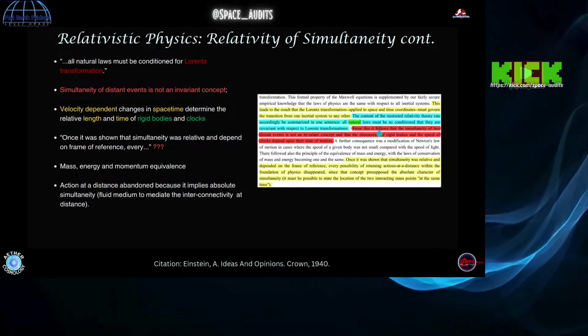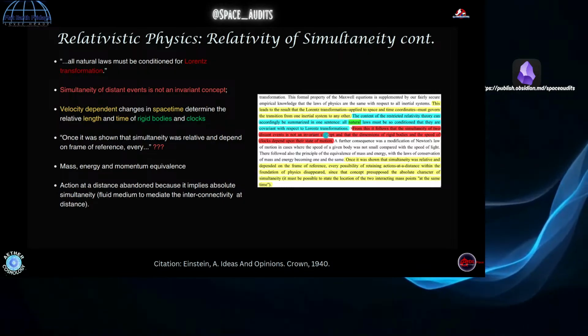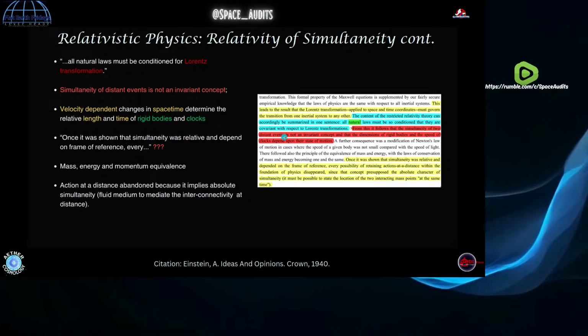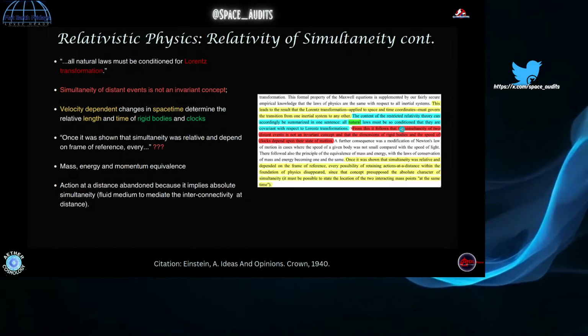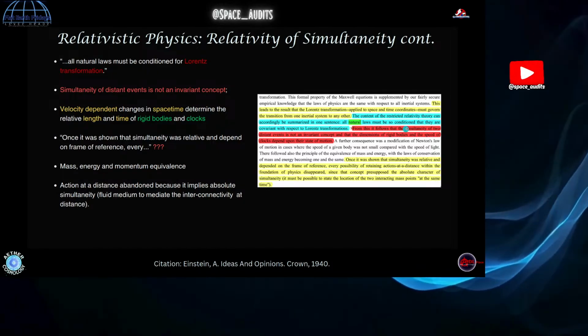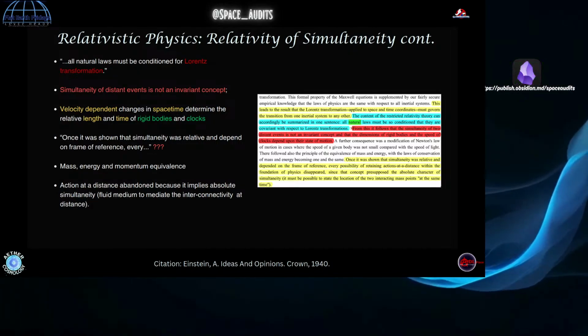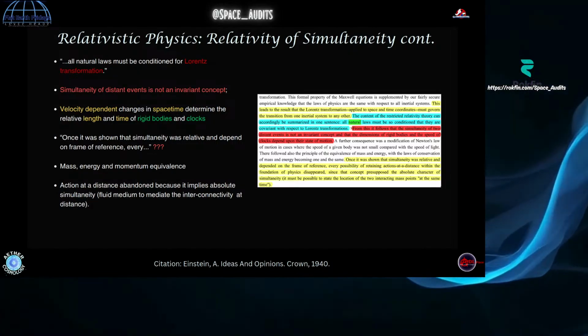From this, it follows that the simultaneity of two distant events is not an invariant concept, and that the dimensions of a rigid body and the speed of a clock can change depending on their state of motion. Extremely important. Now, remember what he said in his 1905 paper. For events that are a close approximation, like the train that he goes on to give, it requires further mathematical abstraction.